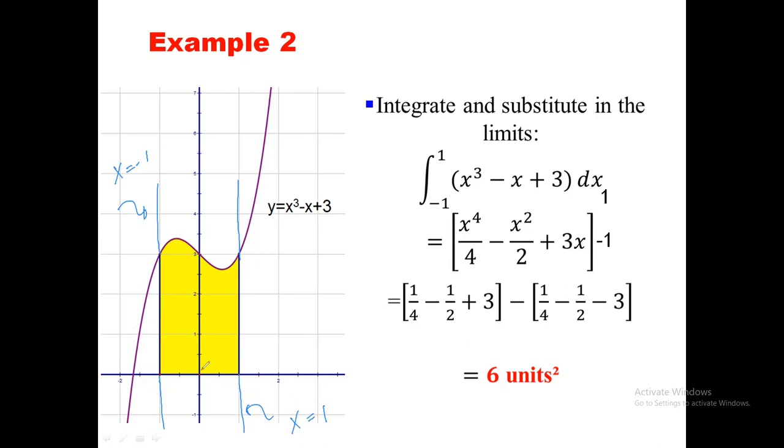Okay, now if you're going to draw your differential element, it would be best that you draw it vertically. Because if you draw it horizontally, your differential element will be inconsistent in terms of its length. So if you draw it vertically, this is still dx, because this one changes from -1 to 1.